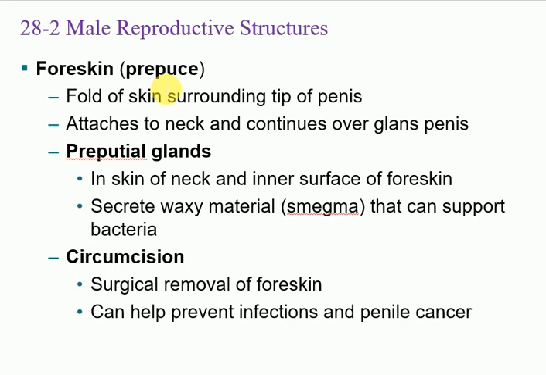Circumcision is cutting the front part or the distal part of the foreskin. And the rationale is if it is there, it can hide organisms and pathogens underneath. Of course, everybody has a choice, but they give the option to everyone. So circumcision is removing part or the whole foreskin to prevent infection and cancer.